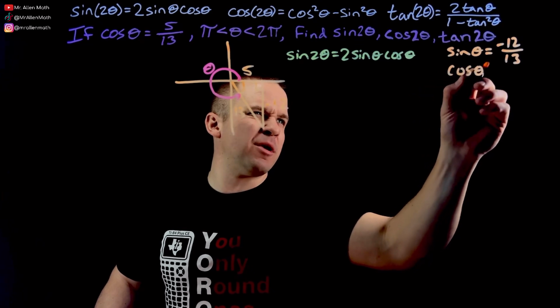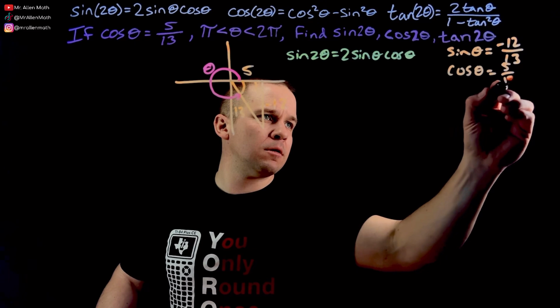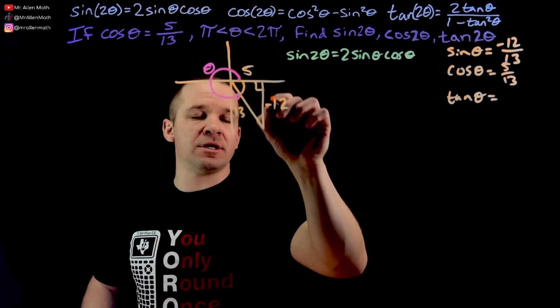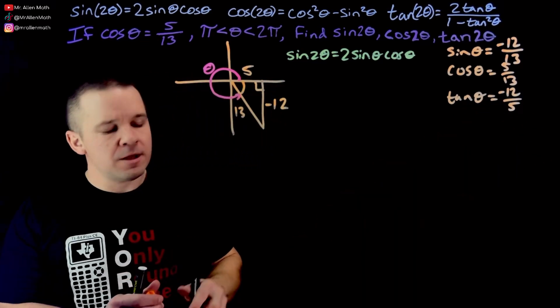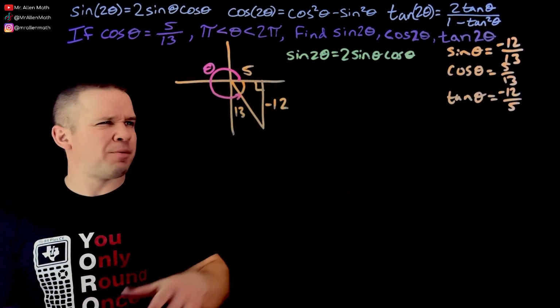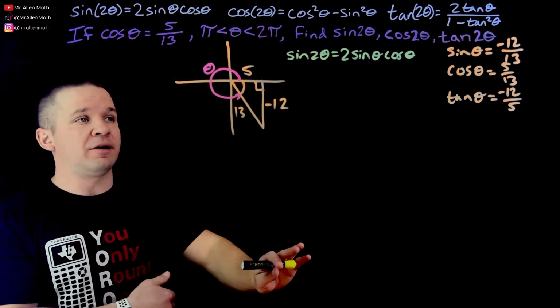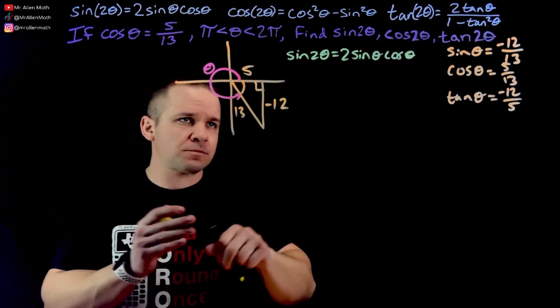Cosine is given in the problem, but I'll put it over here so we're nice and organized. It's 5 over 13. And then tangent is going to be opposite over adjacent, negative 12 over 5. Okay, cool. So jotting those down, smart. I probably should have just done that right away, but I got ahead of myself and I wrote down that formula. Now we're ready to plug in and just go. Write those guys down, super helpful.